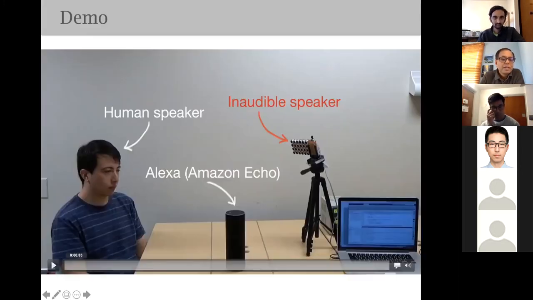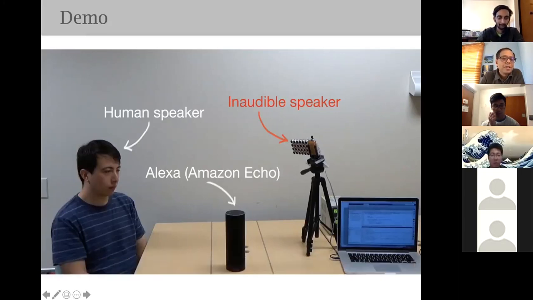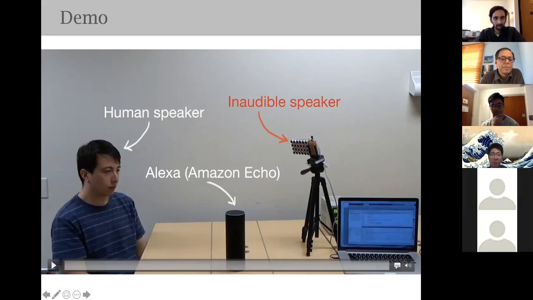So here is a demo of how such a system can break Alexa. This is the special speaker which was designed. And this laptop generates a special ultrasound that comes out of this inaudible speaker. And this is Alexa.